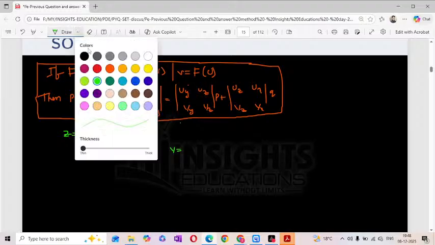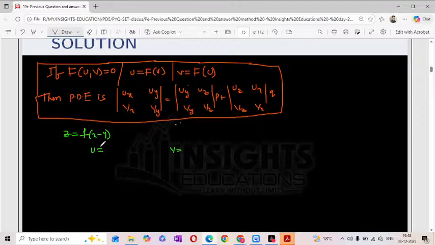Anyway, now we will substitute. I am taking u is equal to z and v is equal to x minus y.